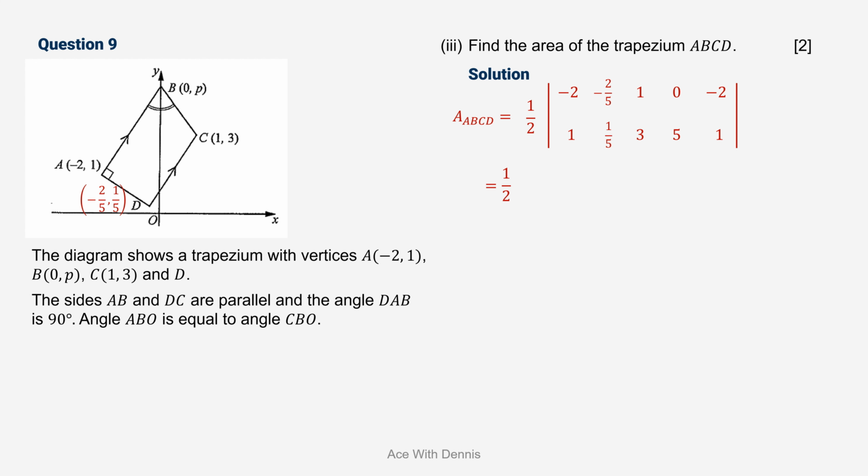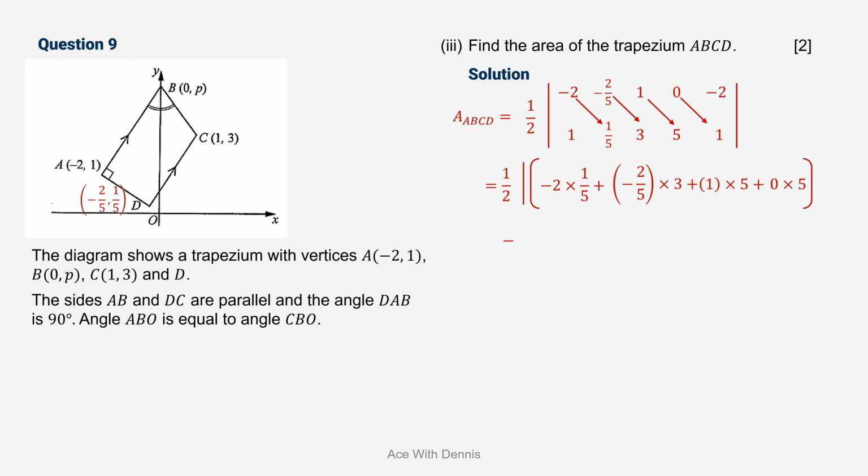So this will be the top left number multiplied with the bottom right number. So for this case, it is -2 multiplied with 1/5, then plus -2/5 times 3, then plus 1 times 5, and then plus 0 times 1.